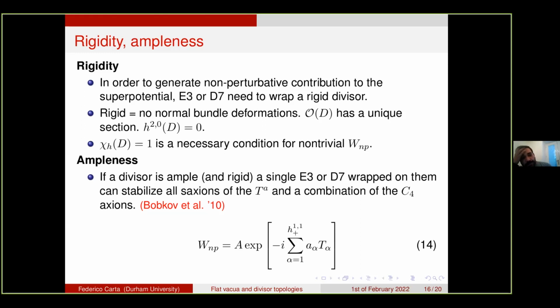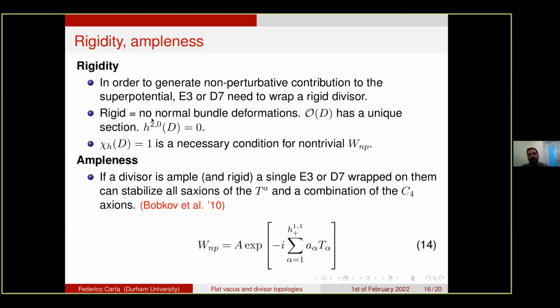In particular, in order to generate a non-perturbative superpotential for the Kähler moduli, it's important to have some divisors of my compactification space that are rigid. Because in this case, by wrapping a D7 brane or an E3 brane, I can get that A e to the minus a T term in the superpotential that we were seeing before.